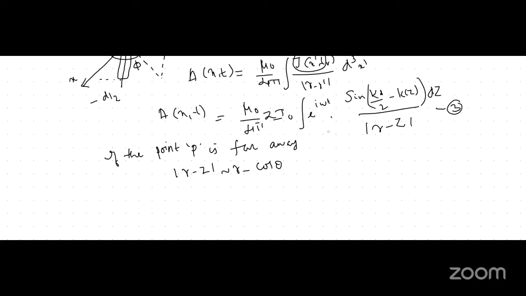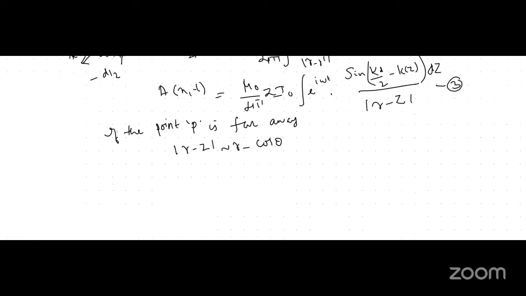Therefore, A of xt value here we can write, in this equation we will change this into A of x comma t, which will be equal to mu naught by 4 pi integral of I naught.